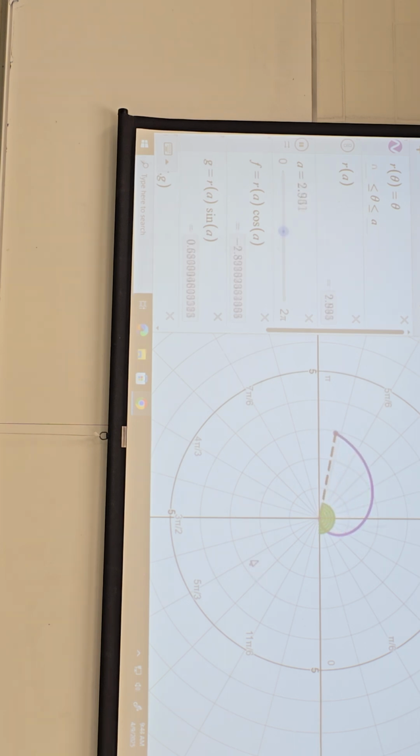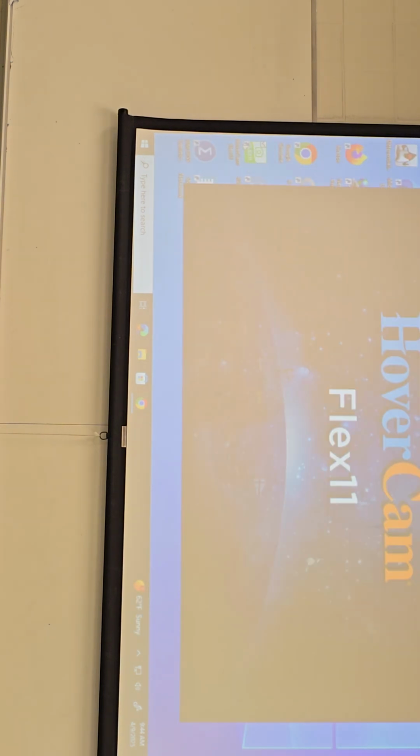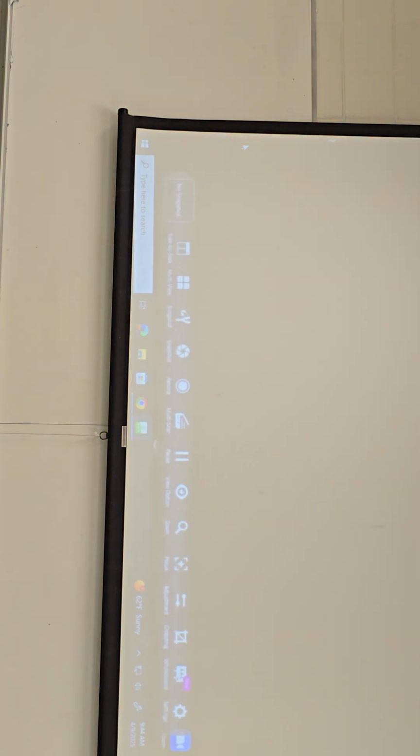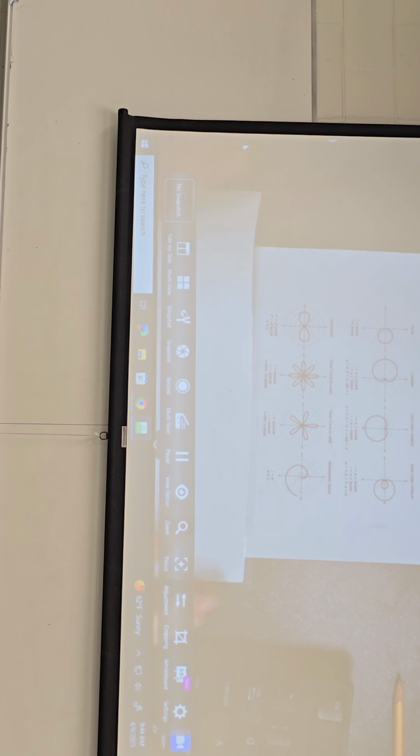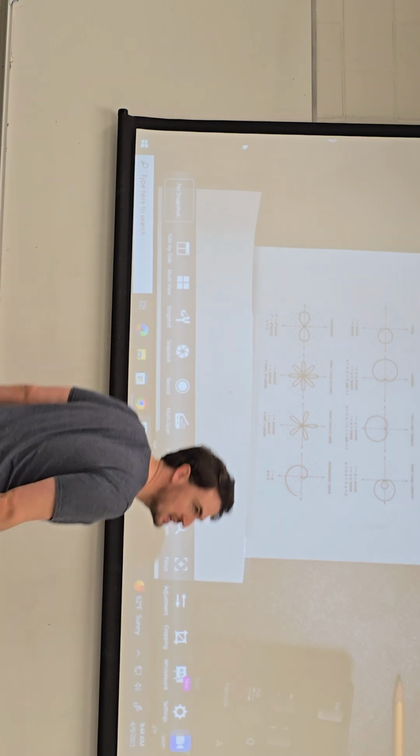All right, so one of the first things I'll show you. This is not something that you would be quote unquote tested on or responsible for knowing, but just showing you, maybe we saw this before in a pre-calc class, some of these curves are quote unquote famous, have names.